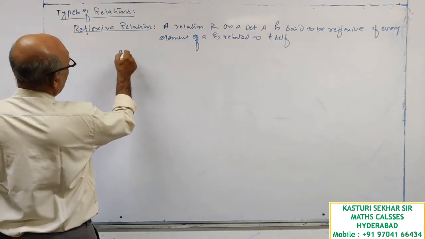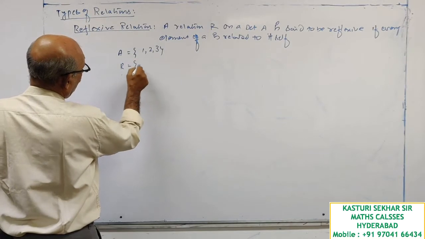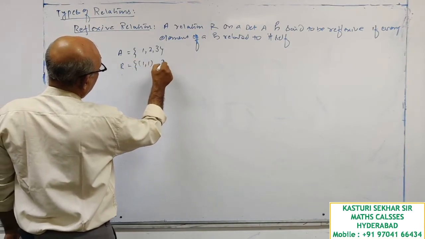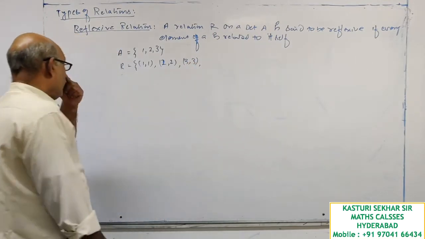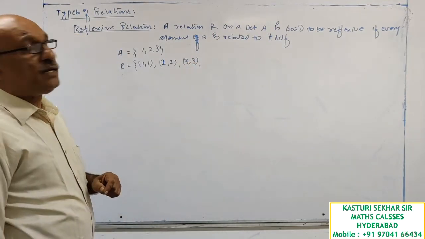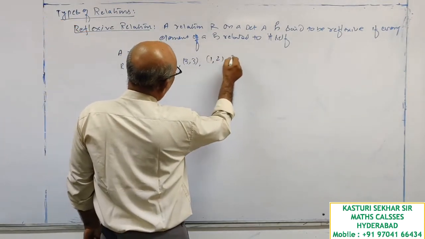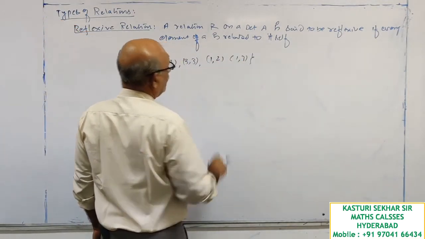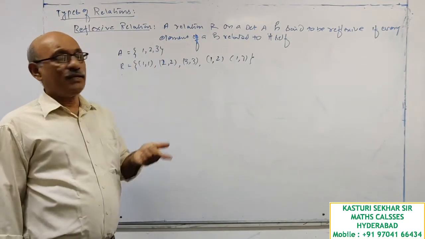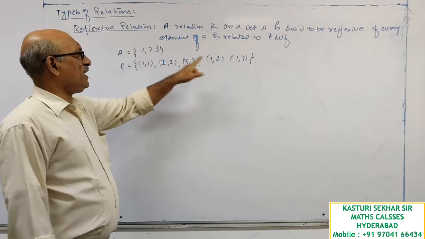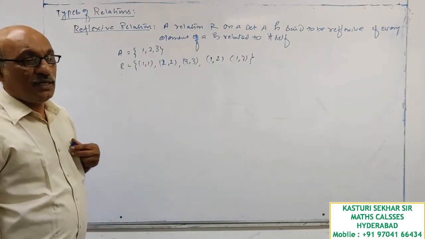Let us say again an example: (1, 1), (2, 2), (3, 3). For a reflexive relation, it should contain the identity compulsorily, and also (1, 2), (1, 3). It means both the ordered pairs should be in the set. Look at this, (1, 2) is in it, (1, 3) is in it. This is called a reflexive relation.